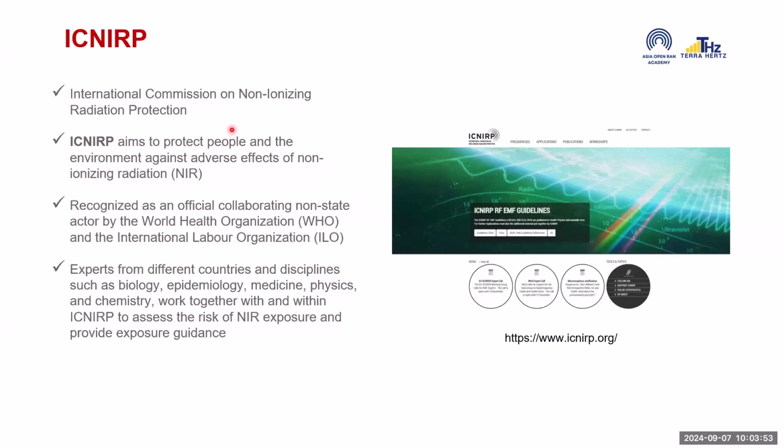So what does the ICNIRP do? It aims to protect people and the environment against adverse effects of non-ionizing radiation, if there's any. They are also recognized as an official collaborating non-state actor by the World Health Organization or WHO and the International Labor Organization or ILO.